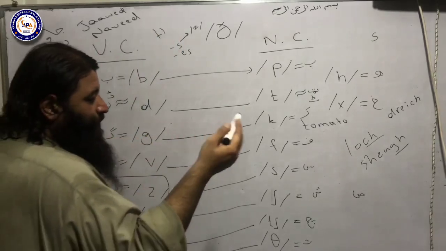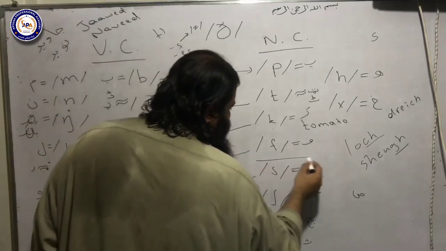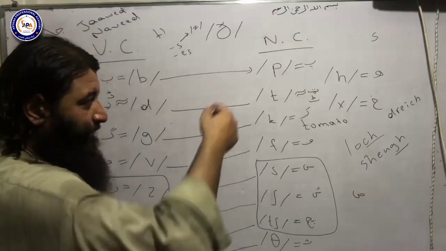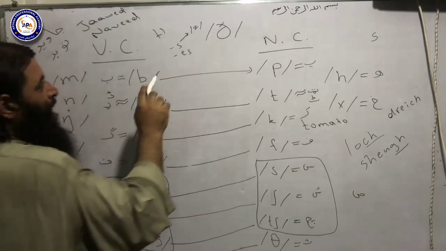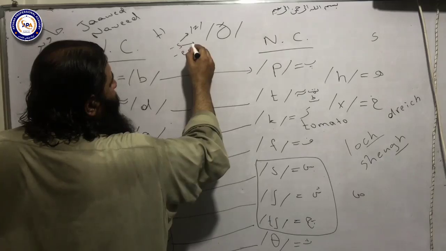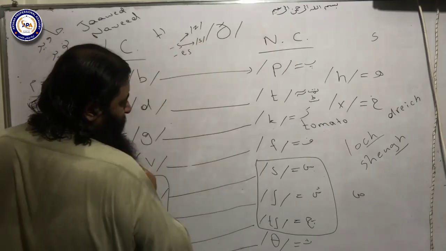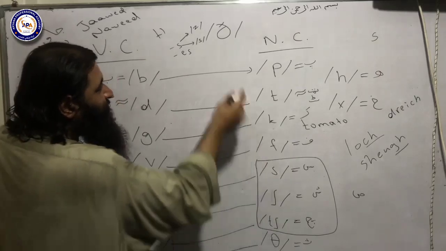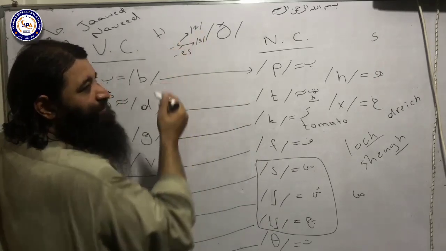And if at the end of a word there is a voiceless, non-vocalized consonant, except these three, then when you add S, S is pronounced S, because the ending sound is non-vocalized, and S is also pronounced voiceless.